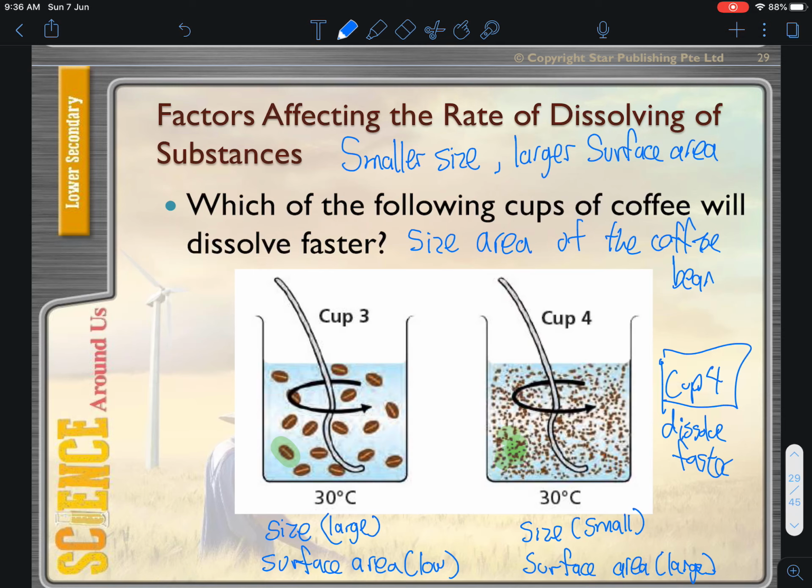Imagine, for example, when you hang your clothes, you usually open them up wide. The surface area of exposure is there. Therefore, when you put it under the sun, it dries faster as compared to crumpling up all the things inside the clothing, which therefore cannot absorb. It's the same thing.